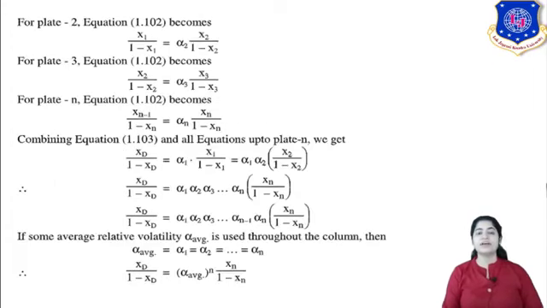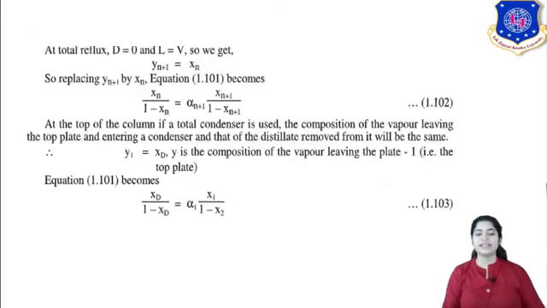Clear? Now similarly for plate 2, you get x1 upon 1 minus x1 is equal to alpha 2 x2 upon 1 minus x2. See here, when you are taking out the vapors from the top plate, in the condenser the composition would be the same as that obtained from the top plate. Suppose y1 is the vapor leaving from the top plate.